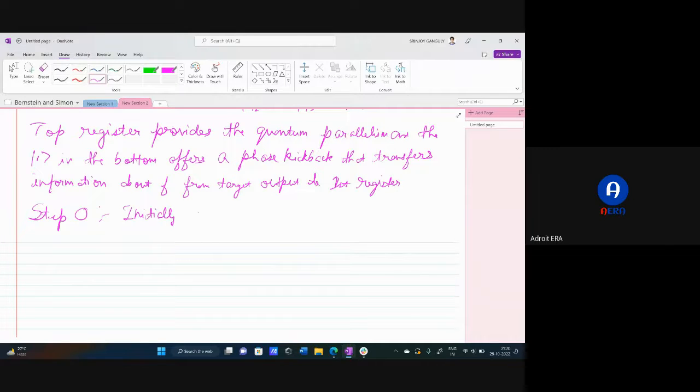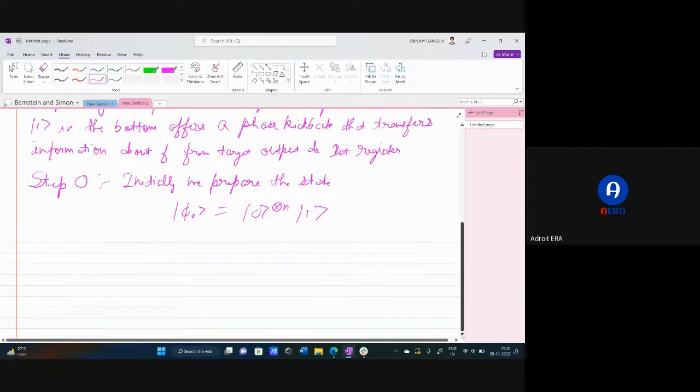Initially we prepare the state. Okay, initially we prepare the state. Ket phi 0 is equal to ket 0 tensor. So it is the same step which we did for Deutsch-Jozsa.